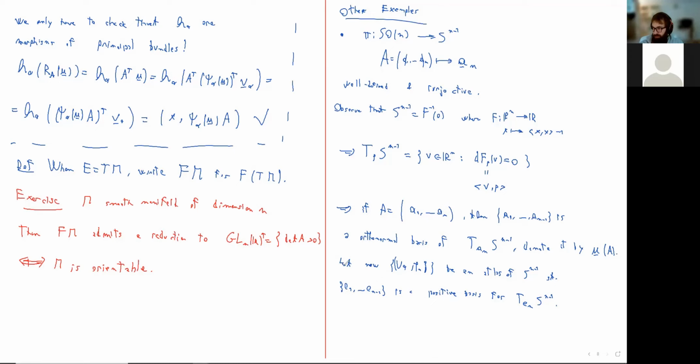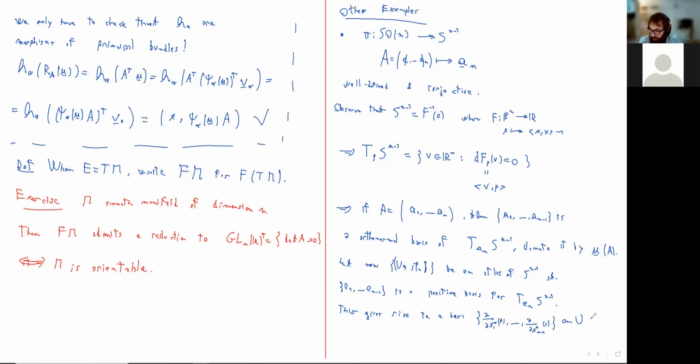Okay, so this of course gives rise to a basis on U. So this gives rise to a basis made by derivations d/dx_1 at b, ..., d/dx_{n-1} at b.